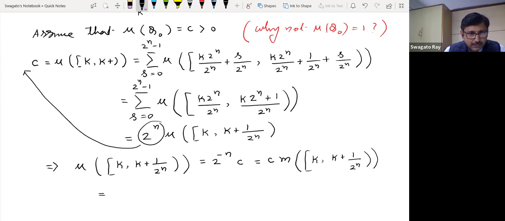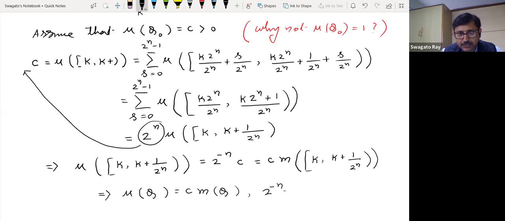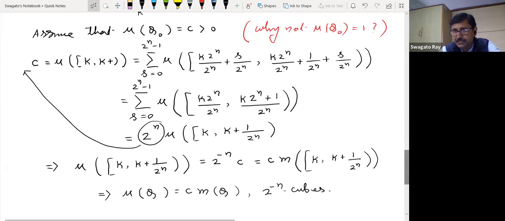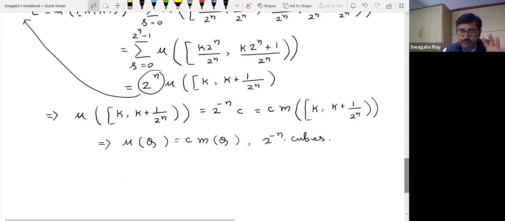So this implies then that mu of q equals a constant multiple of m of q. And this is true now for all 2 to the power minus n cubes, right? Because they are of the form k plus 1 by 2 to the power n, where I'm not saying k is an integer really. It could be of the form k by 2 to the power s.